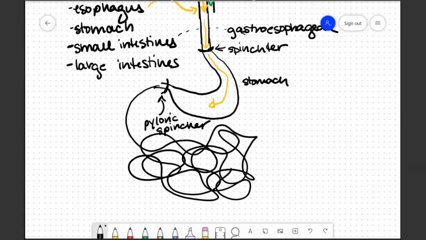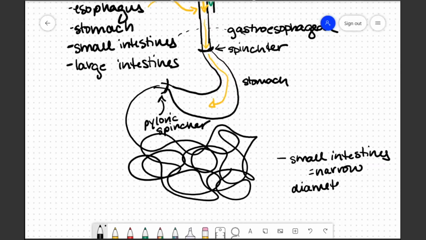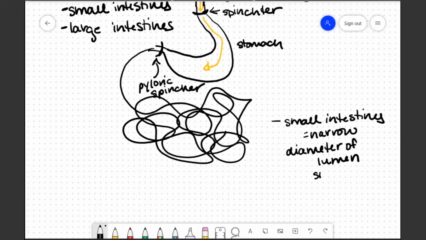They are called small intestines not because they are small, but because they are narrow. The diameter of the lumen, because this is a hollow tube, is going to be smaller. That's where small intestines come from.